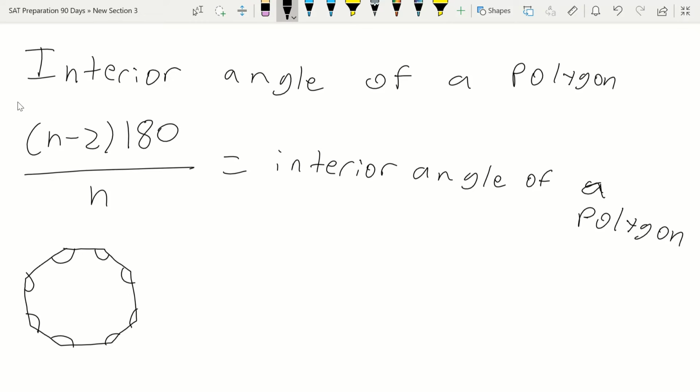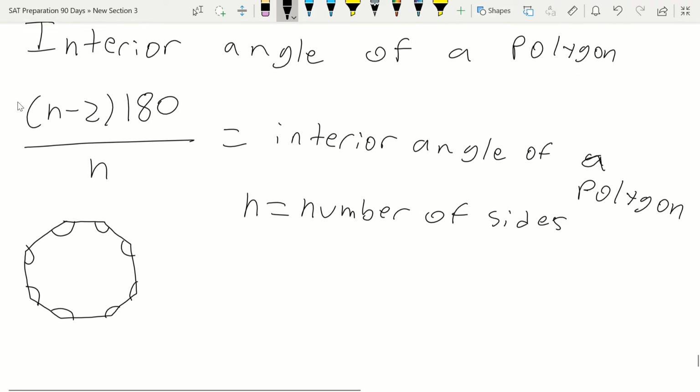There can obviously be more on some, less on others, different angles. Now in our equation, n is equal to the number of sides. So you're going to take your number of sides, subtract 2, multiply by 180, and divide by your number of sides, and that's going to give you your interior angle of a polygon.